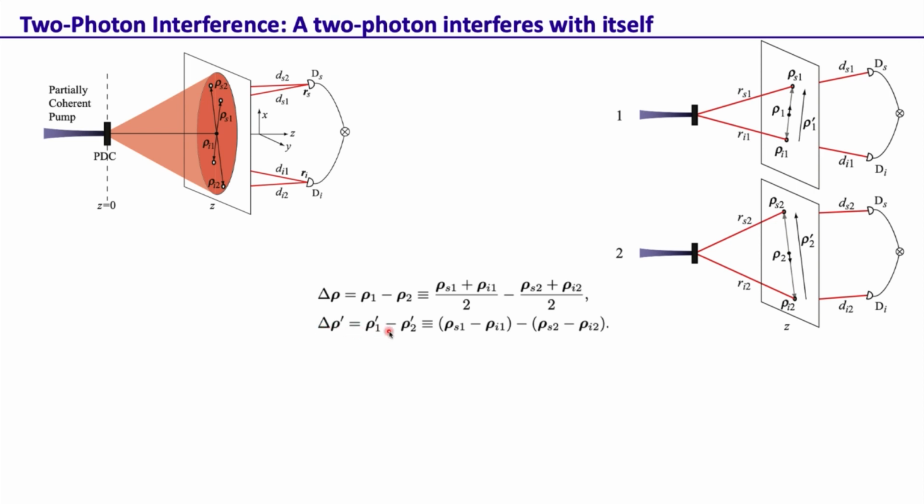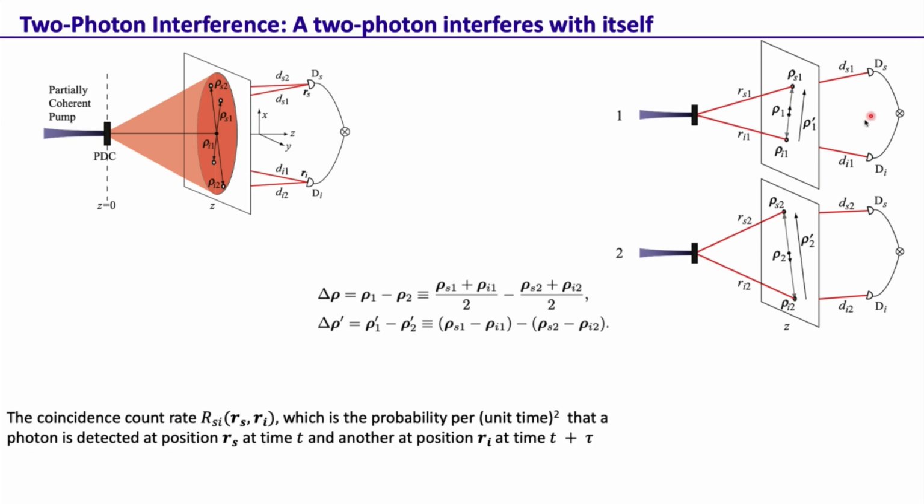Delta rho prime is rho 1 prime minus rho 2 prime, where rho 1 prime is defined as rho S1 minus rho I1, that's this vector, and rho 2 prime as rho S2 minus rho I2, that's this vector, and their difference is delta rho prime. This is pretty much in the same sense as we had defined delta L and delta L prime, and we'll try to derive the 2-photon interference law in terms of these 2 quantities.